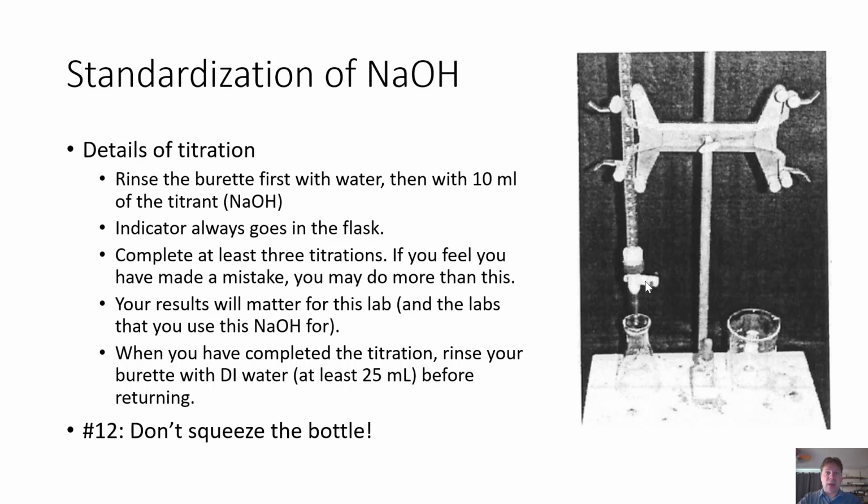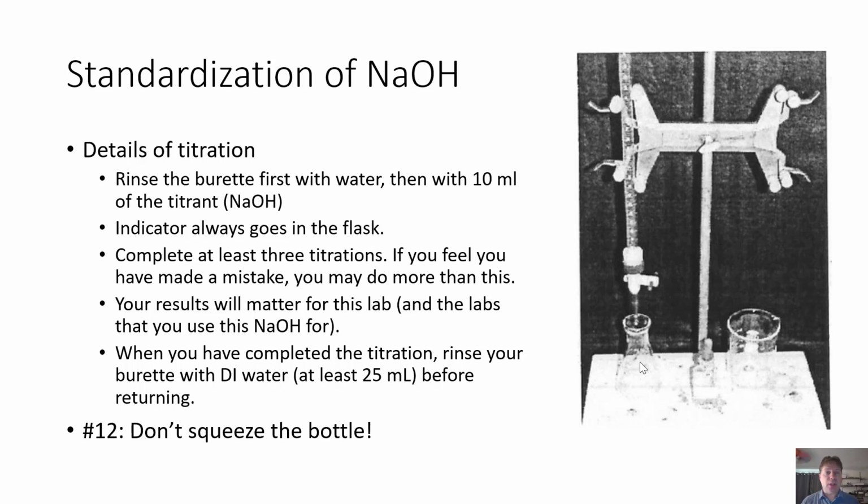I'll try to clean it out and maybe you can get another one. And then once you've done that, rinse it with about 10 milliliters of the titrant so that the inside is conditioned with sodium hydroxide and it's not diluting down your sample. The indicator always goes in the flask along with the thing that you're testing, so those go in the flask. Sodium hydroxide goes in the burette itself.